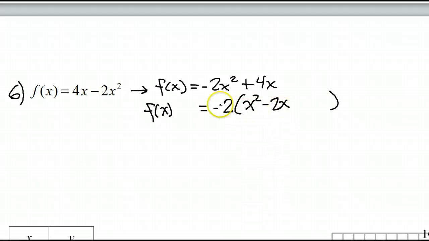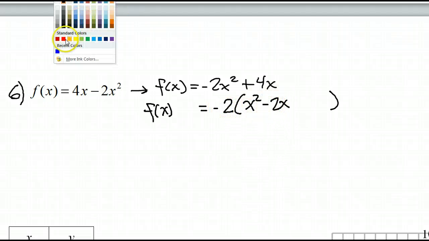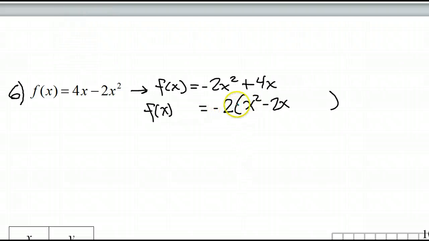And again, the way I know what the number to put in the middle here is whenever you pull out a common factor, you really are dividing. So I'm really dividing everything by -2. And 4 divided by -2 is -2. So that's what's really happening.